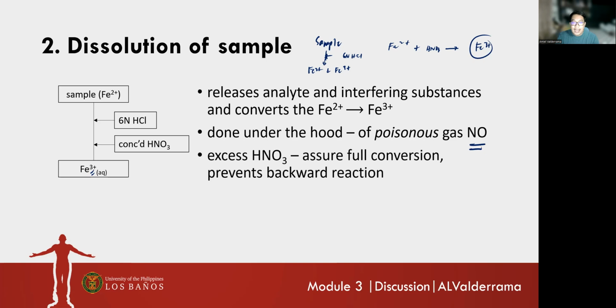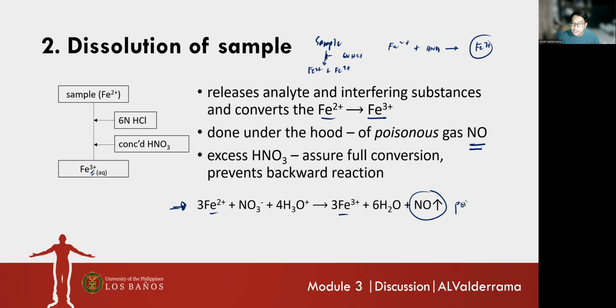And excess nitric acid assures that there is a full conversion of ferrous to ferric with no backward reaction happening. And this is the corresponding pertinent equation that is essential for you to determine the conversion of your ferrous to ferric. And as you can see here, there's a subsequent evolution of gas. So this is your poisonous gas.